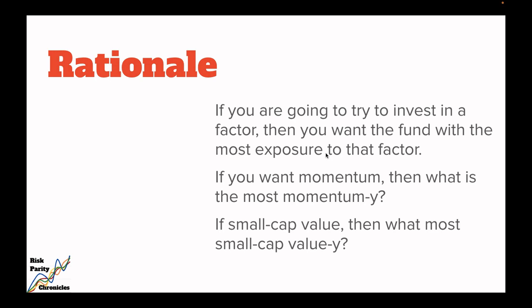As Alexi says in the snippet, if you want momentum, then you've got to look for the ETF or mutual fund that is the most momentum-y. If you want small cap value, how do you find the most small cap-ish, most value-ish, that kind of thing. So assuming you want exposure to one of the factors, this tool will allow you to search through all of the funds to find that.